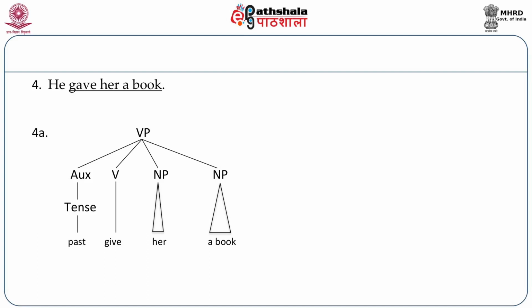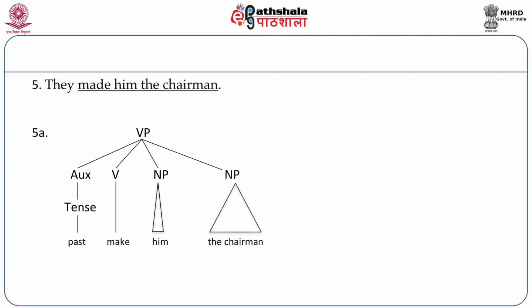So we have two objects after the verb, and therefore in the diagram we indicate that there are two NPs after the verb. In 5 we have the sentence "they made him the chairman," and here we have again two NPs after the verb.